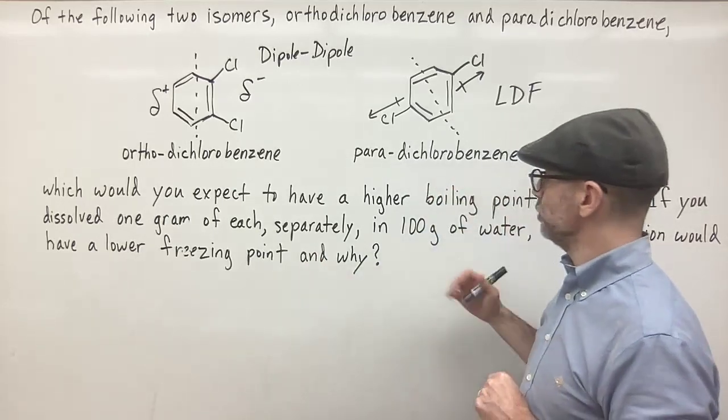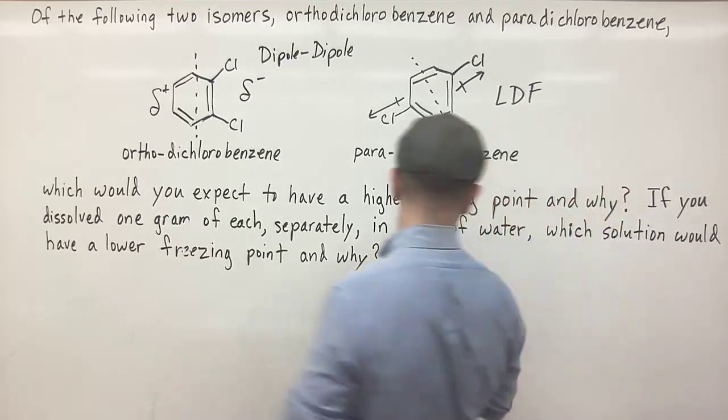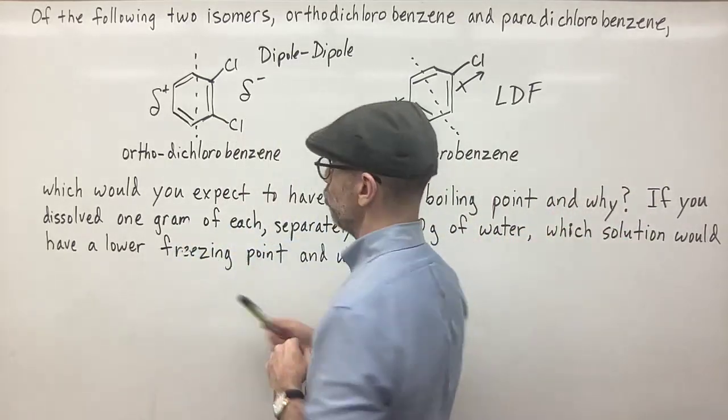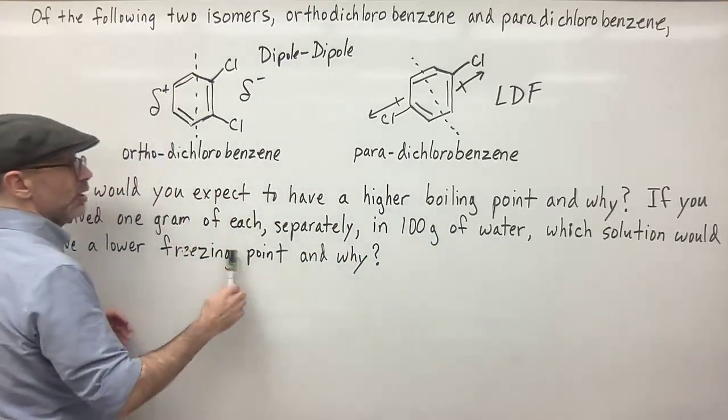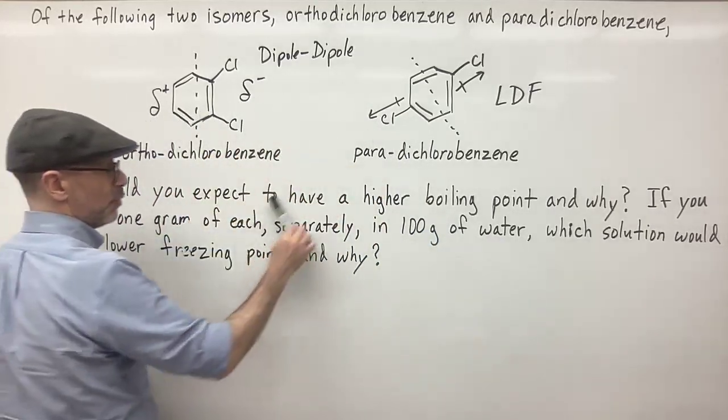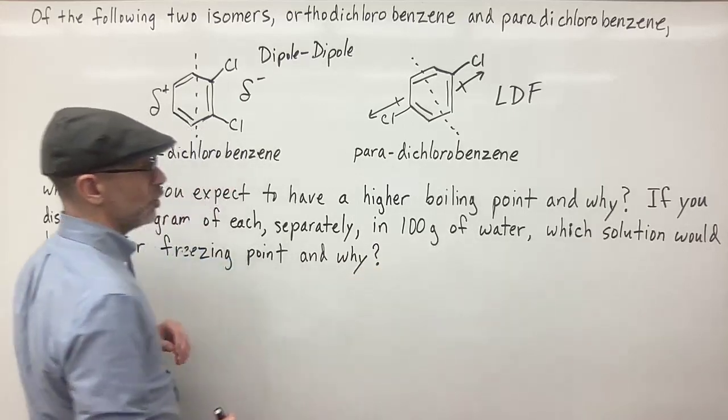Okay, now what about the next question? It says, if you dissolve 1 gram of each of these isomers separately in 100 grams of water.